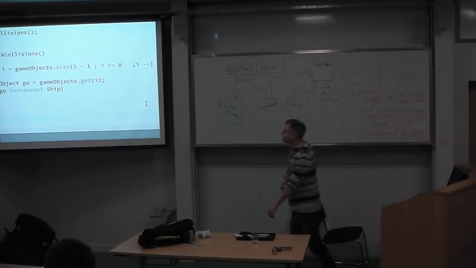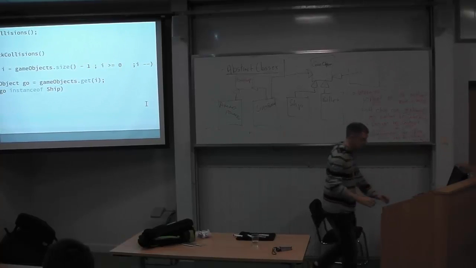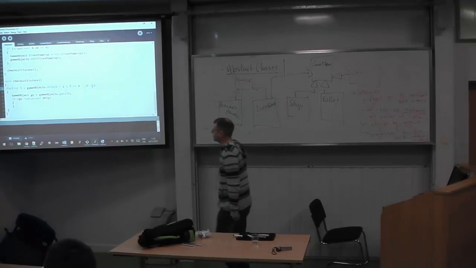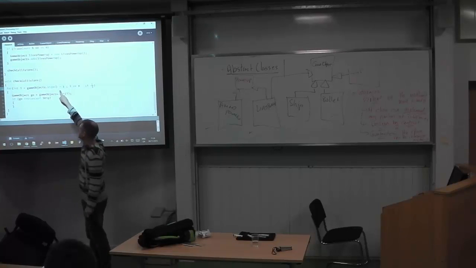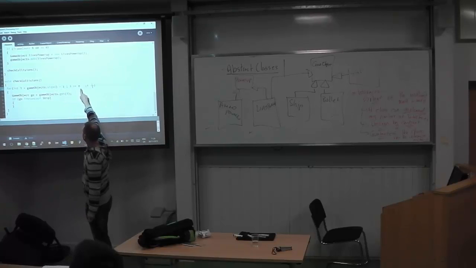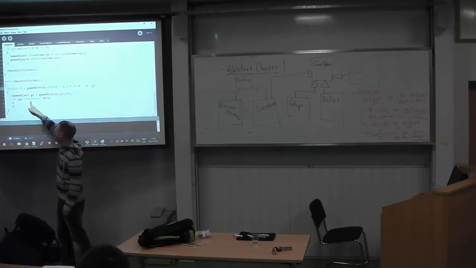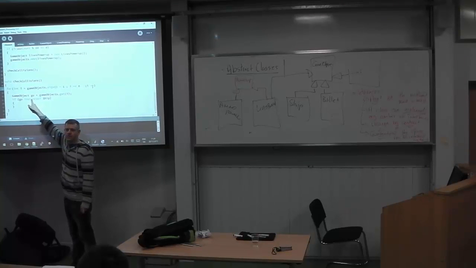Okay, so this first bit here is just iterating through all of the game objects. I'll zoom out so you can see all of that code here. This method here is just going to go for game objects inside. So it starts at the last game object, goes down as far as 0, subtracts 1. So then I retrieve the game object from the array list, and I check to see if the game object is a ship. Do you remember we did this, or I might have mentioned this, instance of?